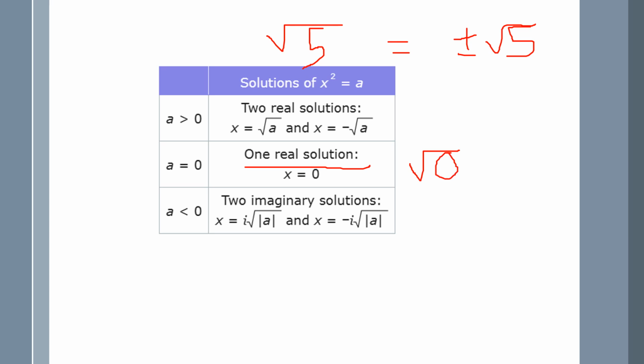For example, 5 plus the square root of 0 is just 5, because the square root of 0 is 0, it means nothing. But if I have a negative number like -5, that means I have 2 imaginary solutions, plus or minus 5i, because it's not real. If it's a negative number, you cannot have a real solution, so it's being replaced with i.